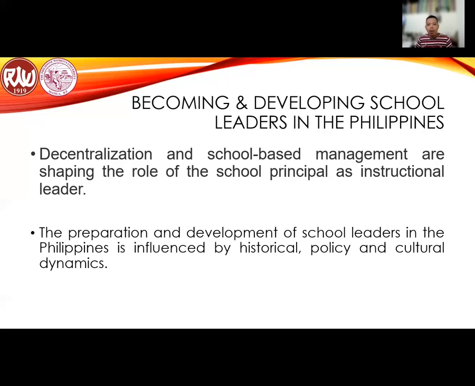Leadership in the Philippines originated in the context of the village community and continues to operate with community and familial dynamics as leaders, administrators, and managers conduct their work in formal educational organizations.